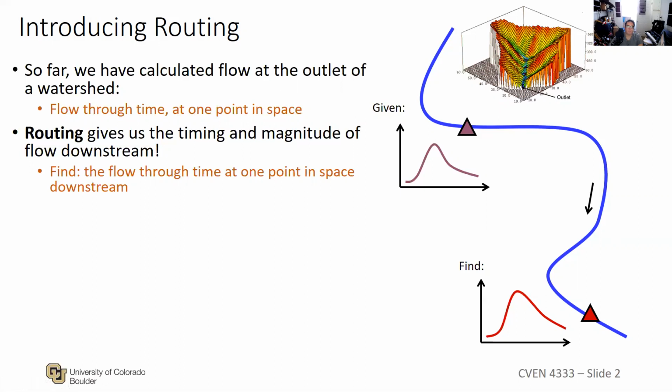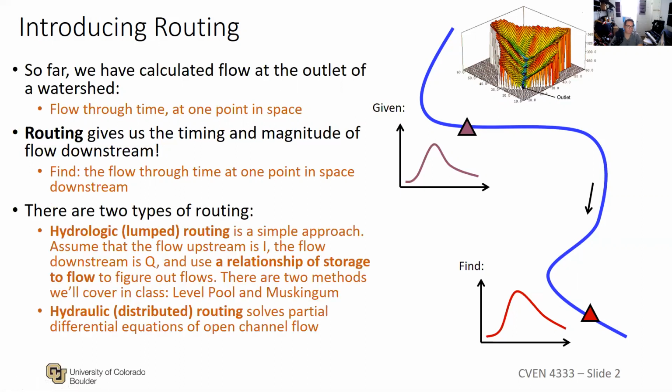This is also going to look like a hydrograph, but after you do this transform, you're going to figure out what the timing and magnitude of the flow is downstream. You can imagine that there are two broad ways of doing this.